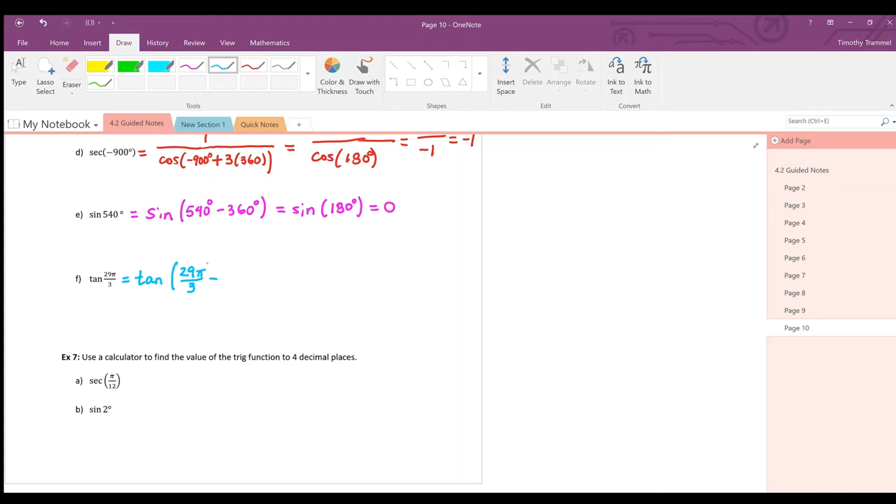So the number of those that we need to take away to get 29 pi over 3 to be between 0 and 2 pi is 8 of them. So we're going to take away 8 pi's. And that's going to leave us with tangent of 5 pi over 3.